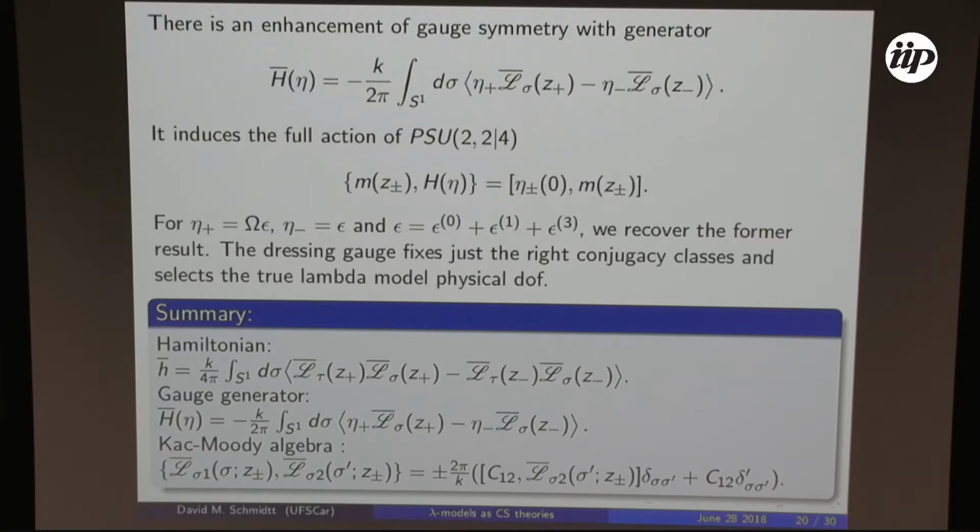There is a gauge generator that comes from some Hamiltonian procedure of extending everything outside the constraint surface, and we still have the same Kac-Moody algebra. There is an interesting fact: when the Maillet bracket is evaluated at these two poles, we reproduce these two Kac-Moody algebras.